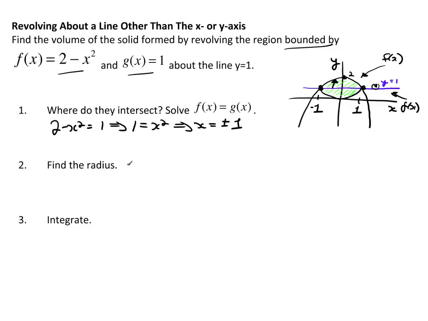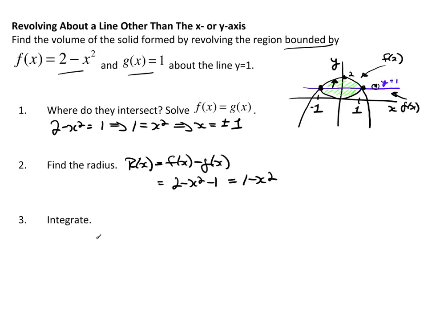So my radius, r of x, must be equal to f of x minus g of x. Well, that's going to be 2 minus x squared minus 1. So that is just simply 1 minus x squared. So this is the radius. That tells me this distance here.